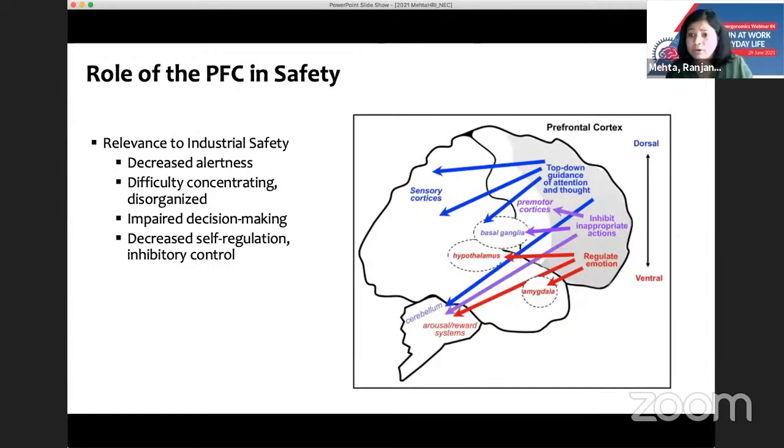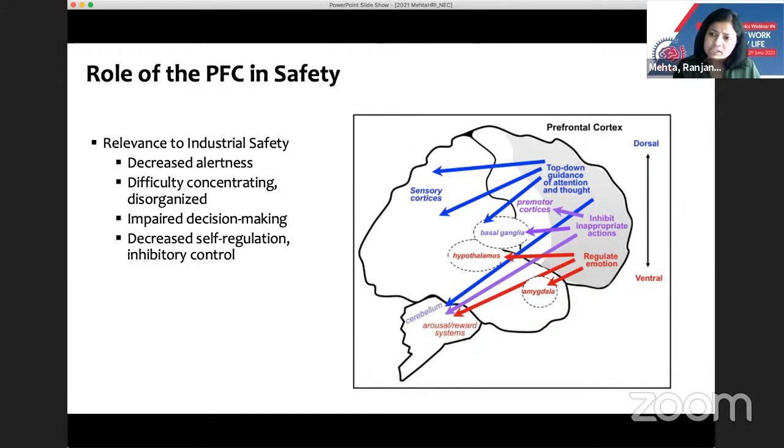Why is it important to look at these connections? Because of the frontal lobe. In several industrial safety research studies, the PFC is considered the process safety center of the brain, and it is associated with alertness, concentration, and decision-making.